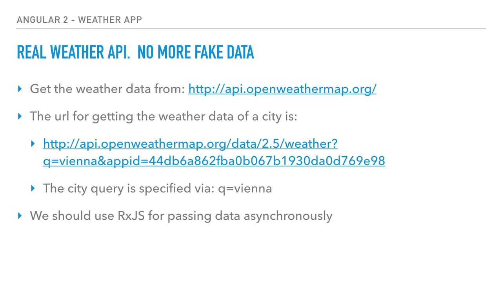The second one is to remember the concepts from RxJS. This is a library for observables, for asynchronous events. And finally, we have to tweak a little bit the code just to call this API and wait and subscribe to the events. So first of all, let's go to Open Weather Map.